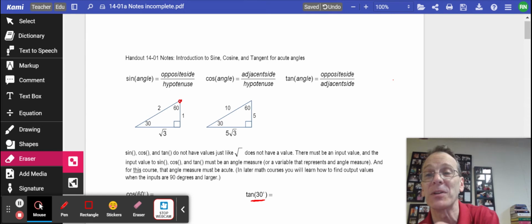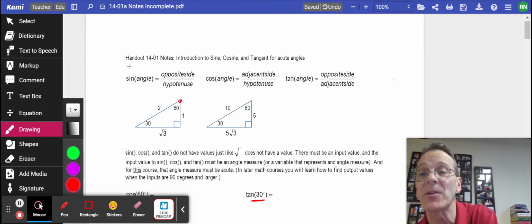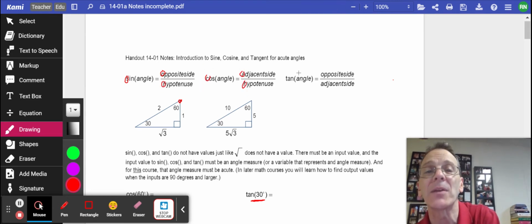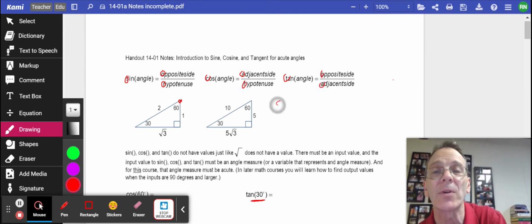Okay. Here's the memory device. We take the first letter of the word sine, opposite, hypotenuse, cosine, adjacent, hypotenuse, tangent, opposite, adjacent, in that order.